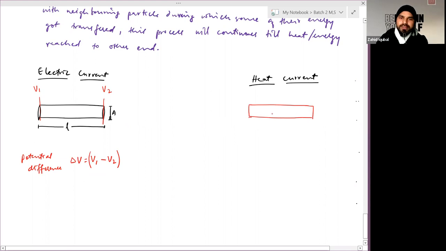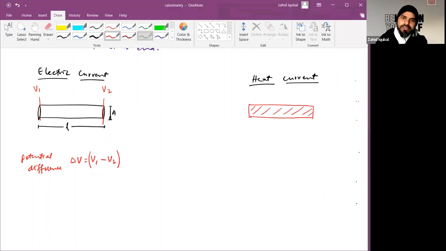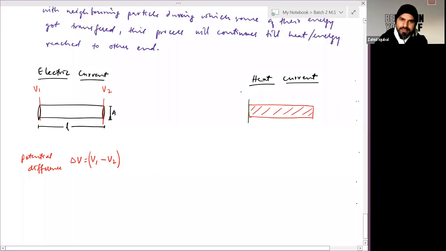Similarly, let's say you have a conductor through which we have to conduct heat. You must need a temperature difference across its ends. This end is at temperature T1, this end at temperature T2.